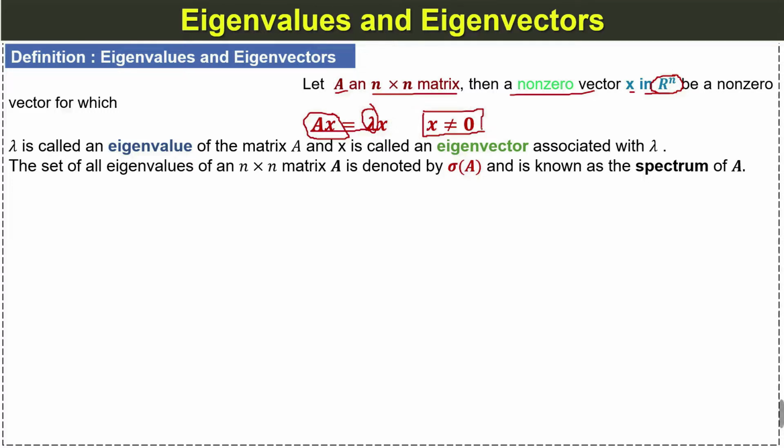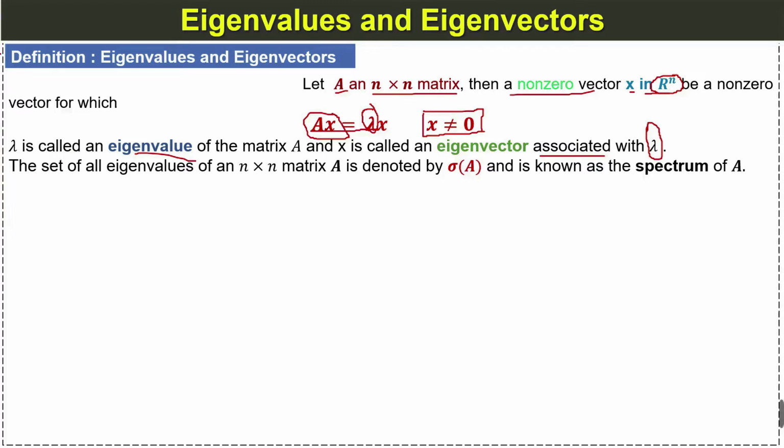Okay, we will discuss later in detail why this cannot be equal to 0. Okay, so here lambda is an eigenvalue of the matrix A and x is called an eigenvector that is associated with the eigenvalue lambda.